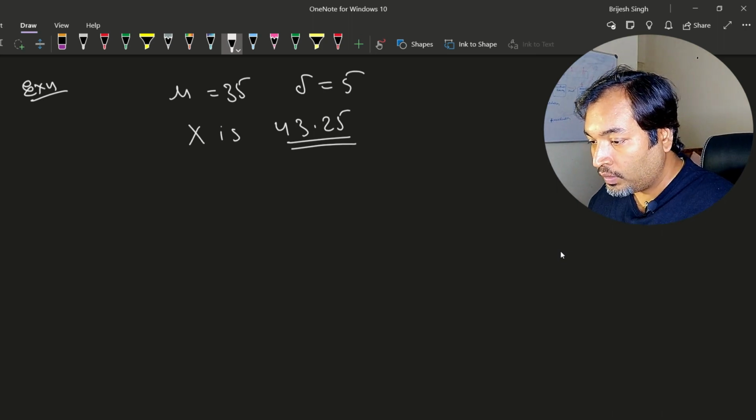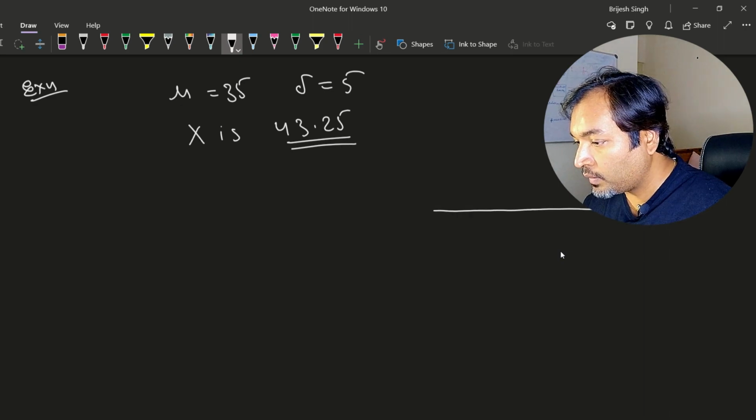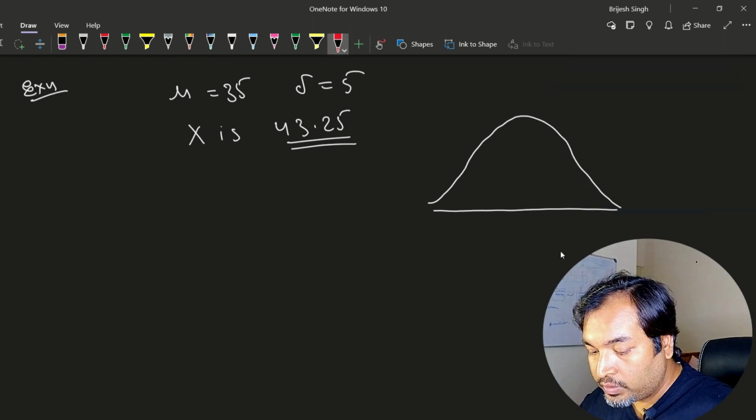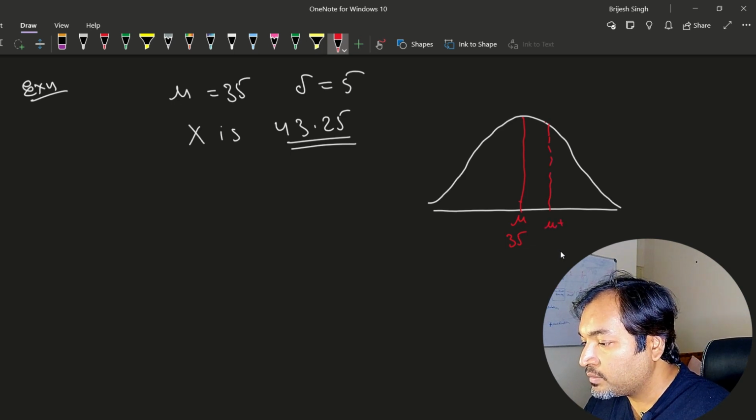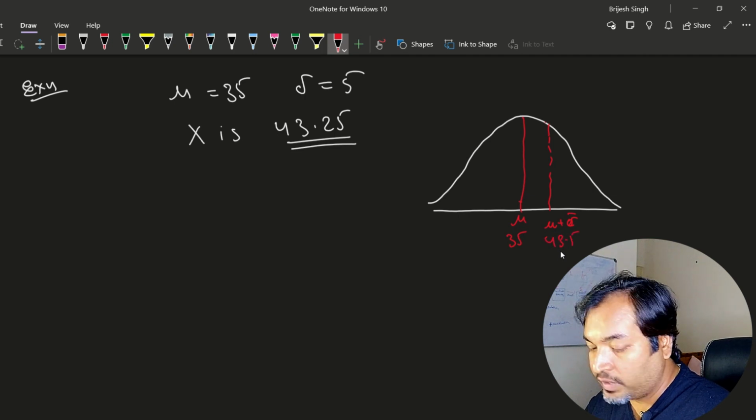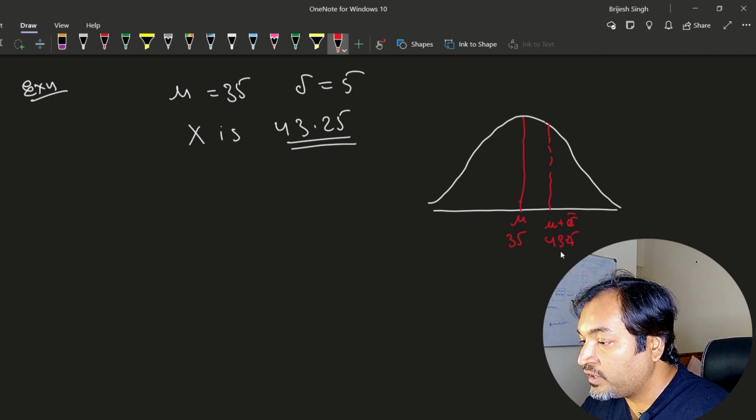Now you have to find out how far this 43.25 is from the mean value, right? If you draw this, you have the mean here, which is 35, and then you have 43.25. So what is the difference between these two?